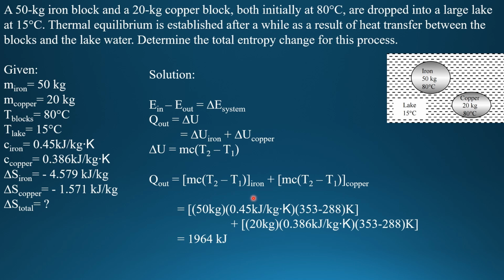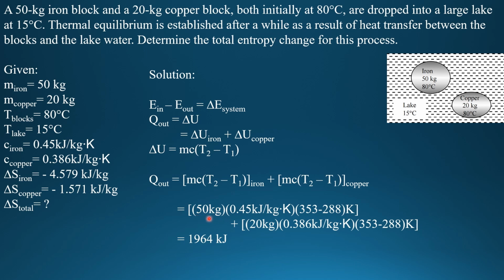So we have this final equation to solve for our heat output, that is the mass times the constant pressure specific heat times T2 minus T1 of the iron block plus the mass times the constant pressure specific heat times T2 minus T1 of our copper block. So we will plug in our values.